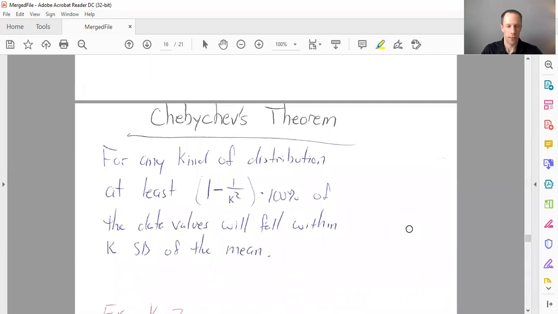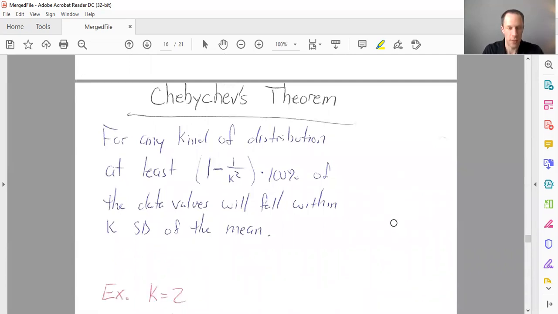If we don't have normally distributed data, if the data is distributed in some other way, then we have to use Chebyshev's theorem to get an idea of what percentage of the data is within so many standard deviations of the mean. So Chebyshev's theorem says that at least 1 minus 1 over k squared, times 100%, of the data values will be within k standard deviations of the mean.